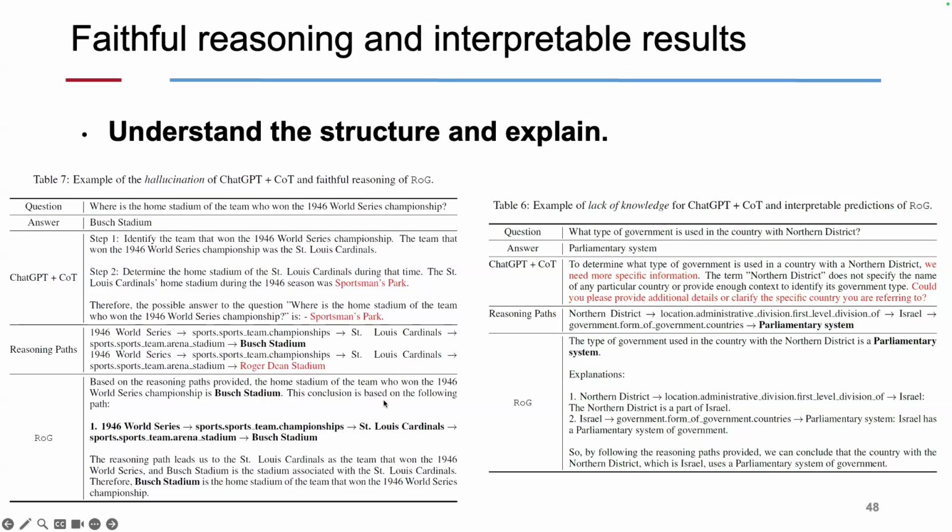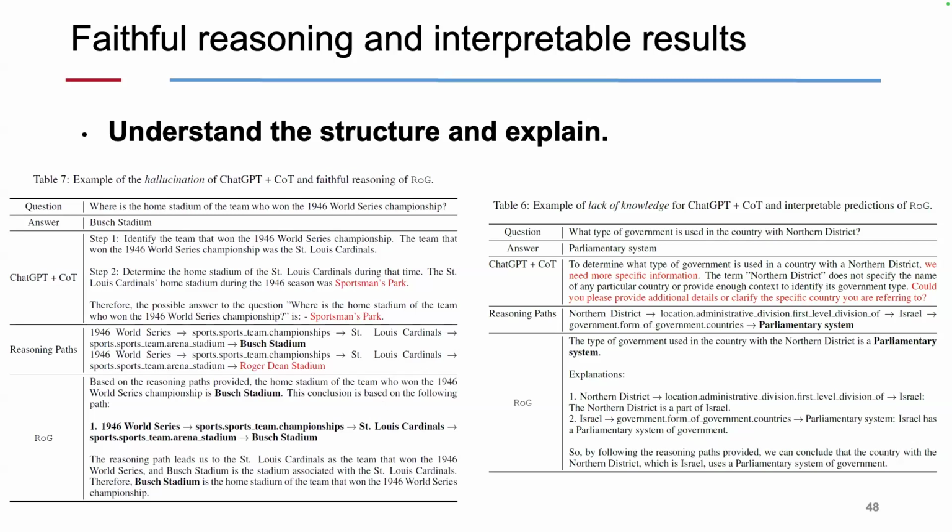Here we can see that, based on the path we provided, the LLM can generate explainable results, and it can help the user understand why this answer has been achieved, and also reduce hallucination and provide updates to the knowledge of the large language model.